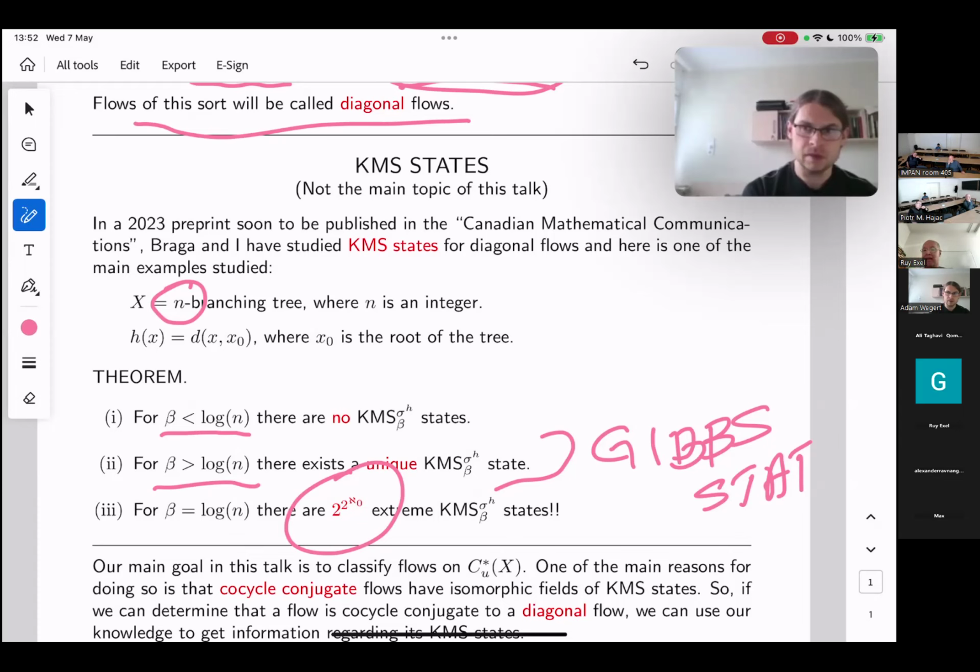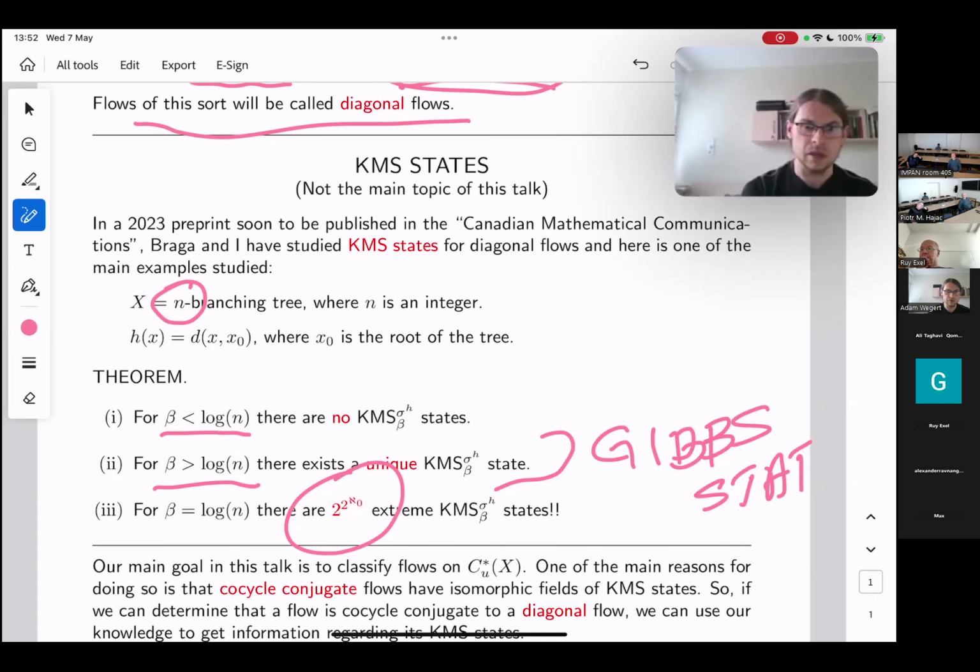But the fact that a unique KMS state somehow goes to so many KMS states at the critical temperature is something that I believe has not been witnessed so far in models of this kind.